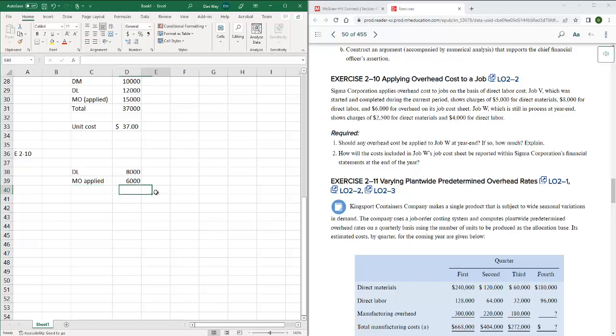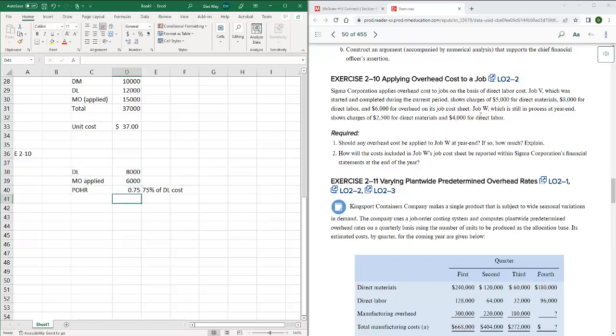So my overhead applied was $6,000 versus labor cost of $8,000. If I take that overhead cost divided by the labor cost, that means I must have been applying overhead at a rate of 0.75, or 75% of direct labor cost. For every dollar of labor, I'd have been applying 75 cents, and that's how I would have gotten to this $6,000. So again, that was the total applied overhead divided by the total labor cost.